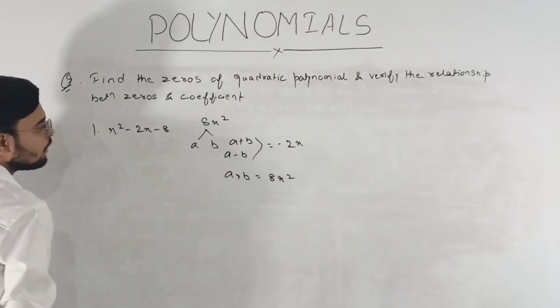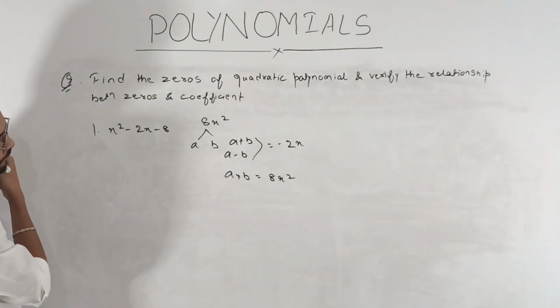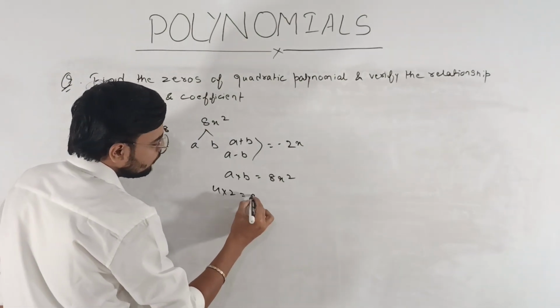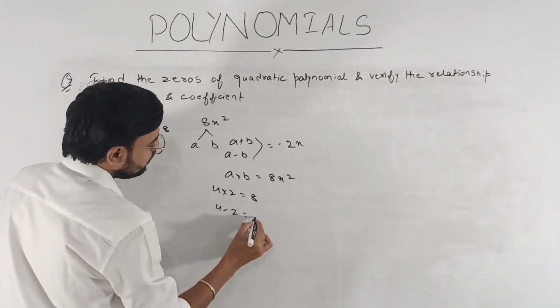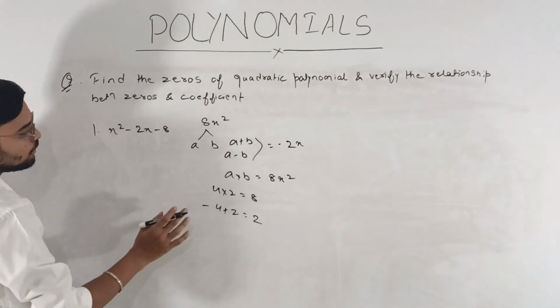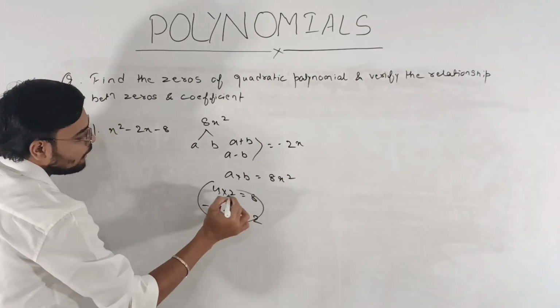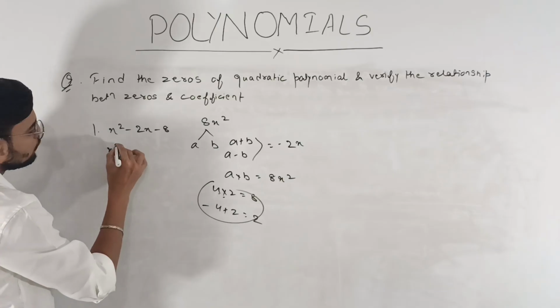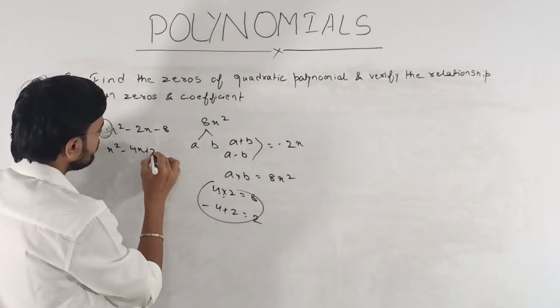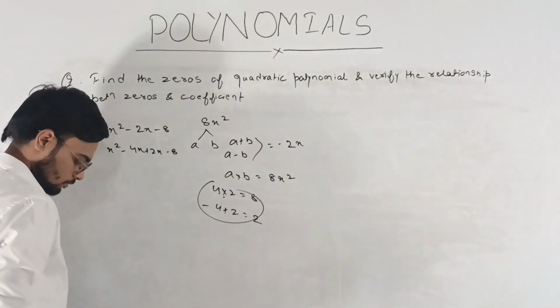Now split 8: 4 into 2 is equal to 8, and 4 minus 2 is 2. Now we have to get minus 2, so minus 4 plus 2 is minus 2. Then we have two terms, 4 and 2. Now x square minus 4x plus 2x minus 8.